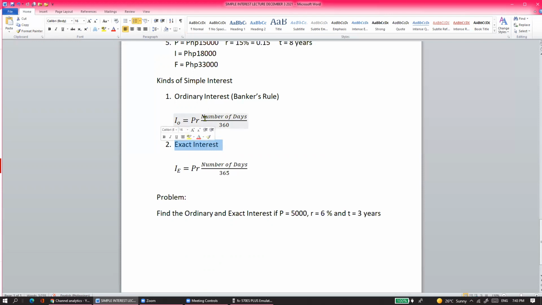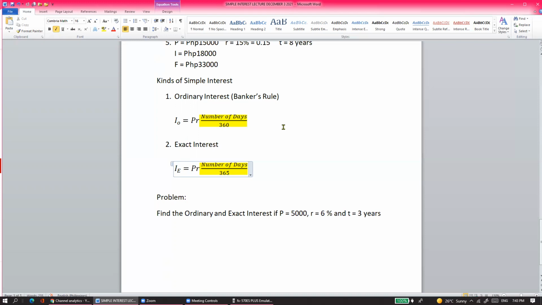Ang kaibahan ng dalawa pagdating dito sa time factor, yung naka-highlight na yellow. Pag ordinary interest ang inaanap at naka-express sa araw ang given time, ang divisor natin is 360. Kapag naman exact interest ang pinapaanap, ang magiging divisor natin is 365.